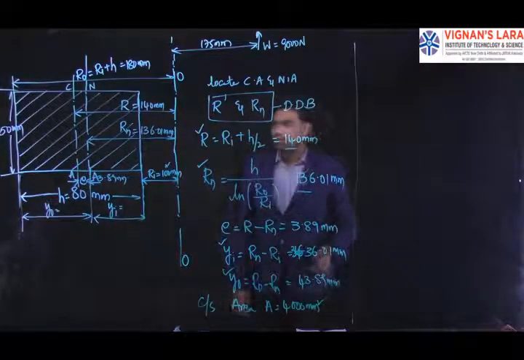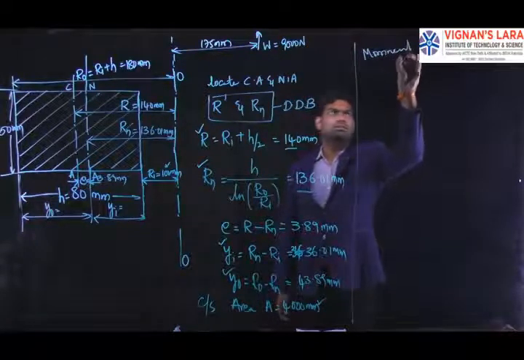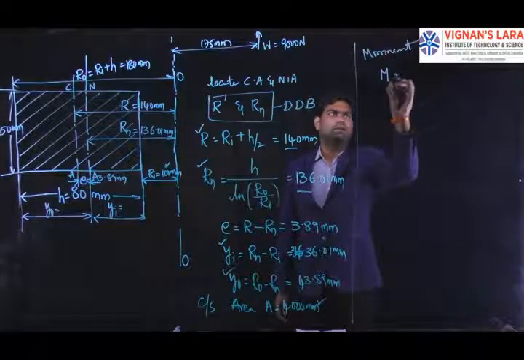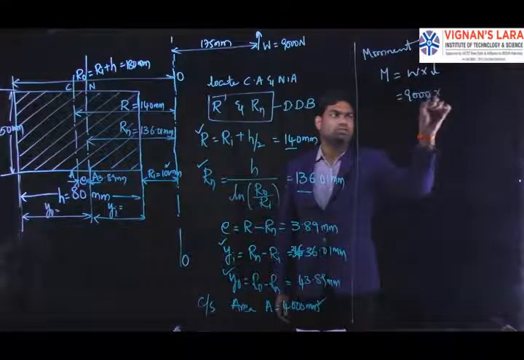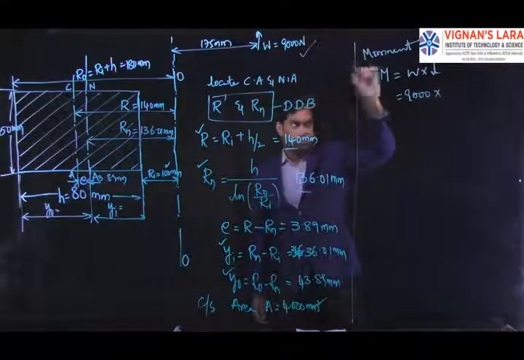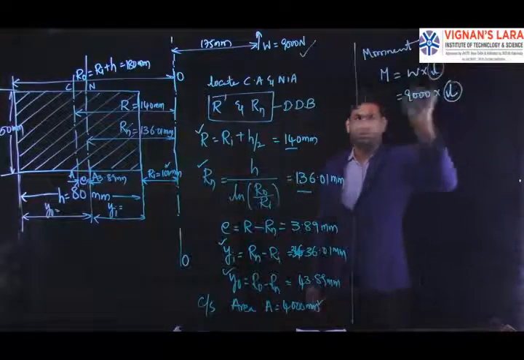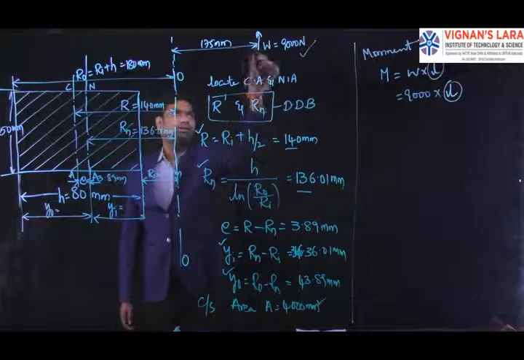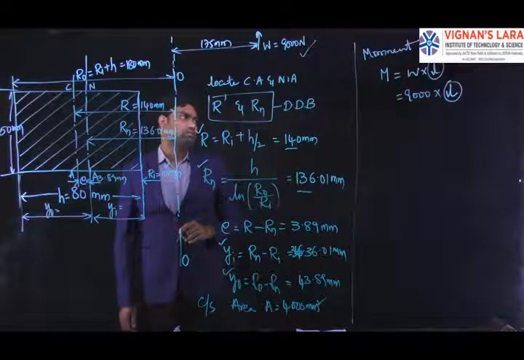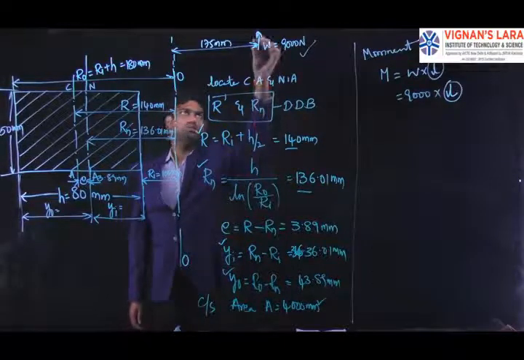The next step in the problem is to find the bending moment, W into L. The load is known, 9000, which is given in the data, and here L is the length. We need to remember a very important point here: L can be taken as the perpendicular distance from the application of the load.